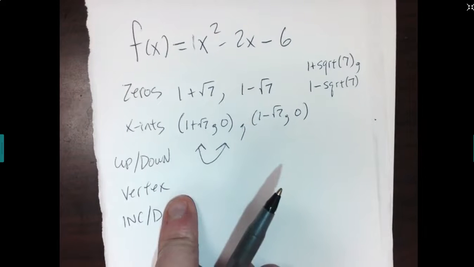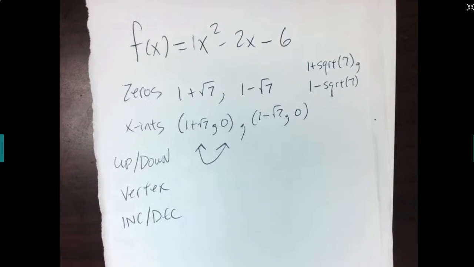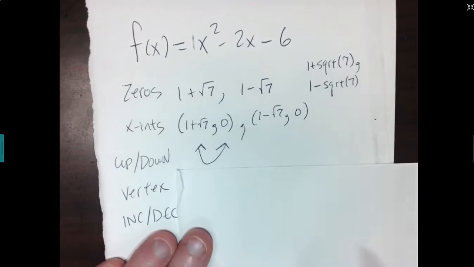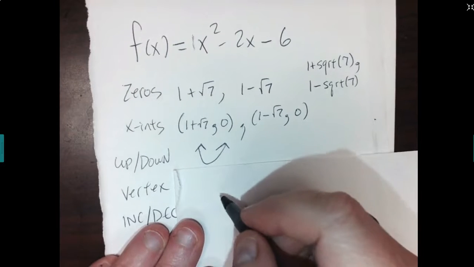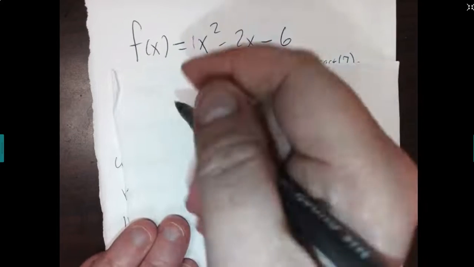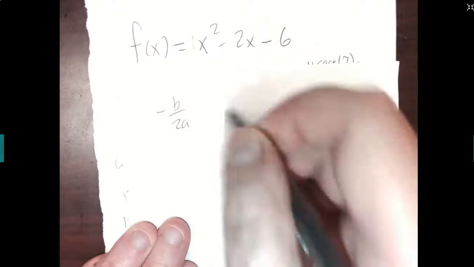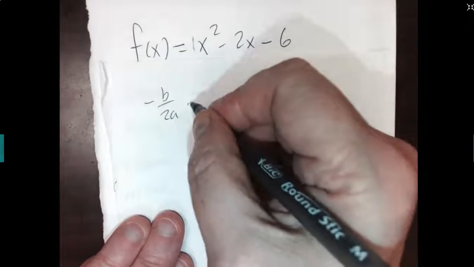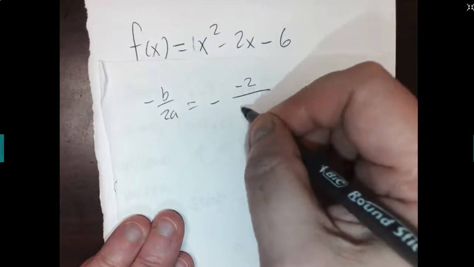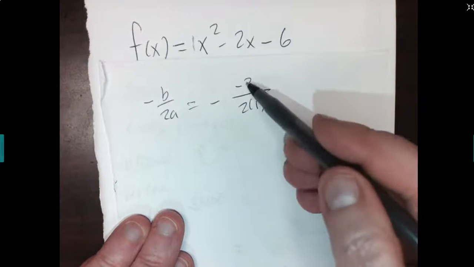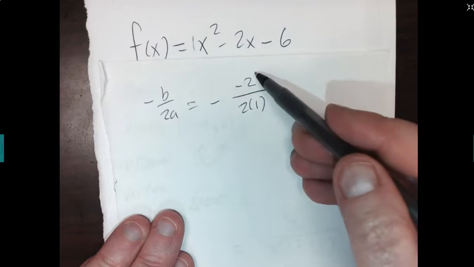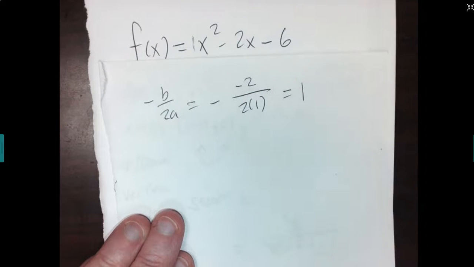What is the vertex? Well, first I need to find the point -b over 2a. So that's going to be negative of -2 over 2 times 1. So the negative signs cancel, the 2's cancel, I get +1. So that's the x-coordinate of my vertex.